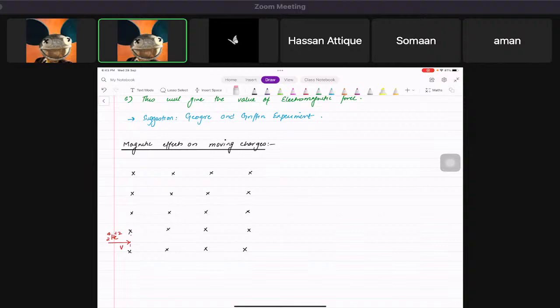Your middle finger should be pointing towards the velocity, the direction of the current or the velocity. So it's moving like this, and you might realize that it will feel a force upwards. Please check if that's correct.